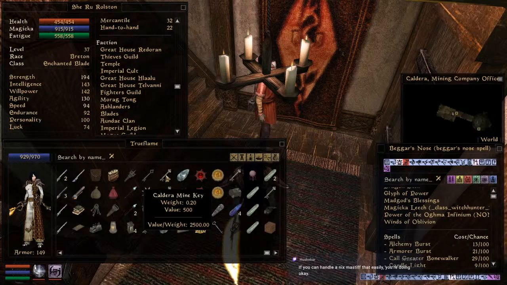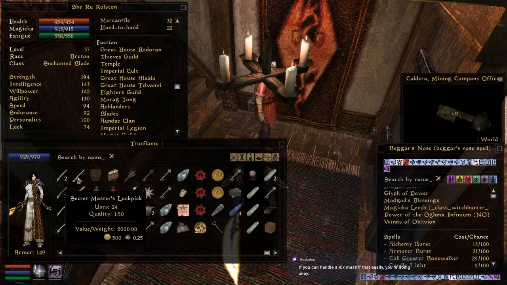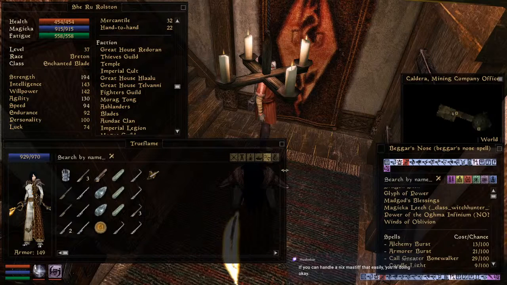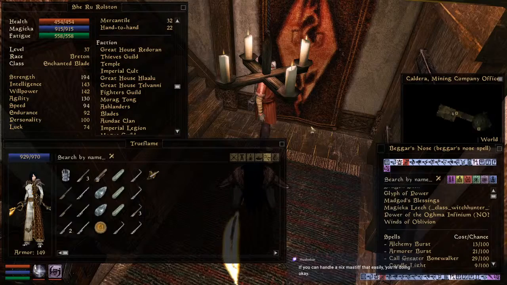So the max weight is 0.2, because I had some very heavy keys, so it did not work well because I had a lot of weight coming from the keys. It is still a lot of weight, but I see less.